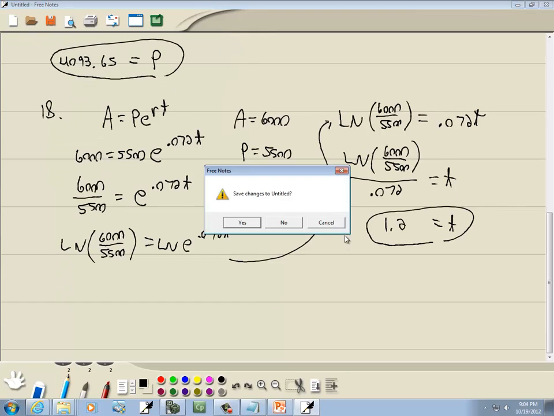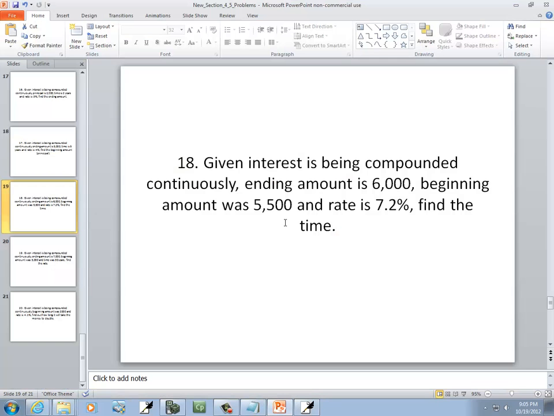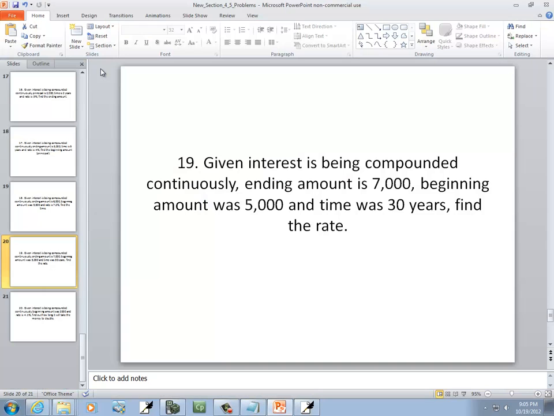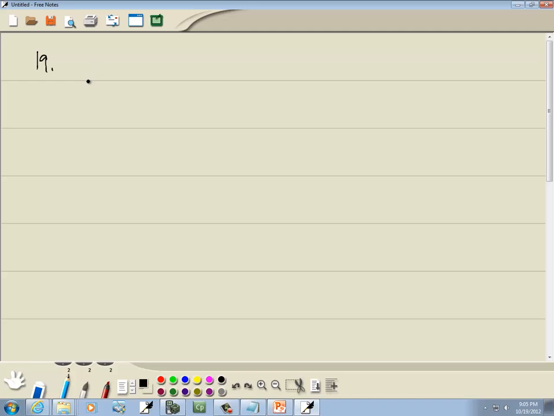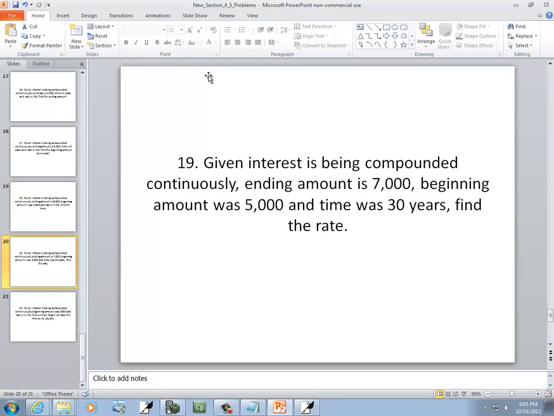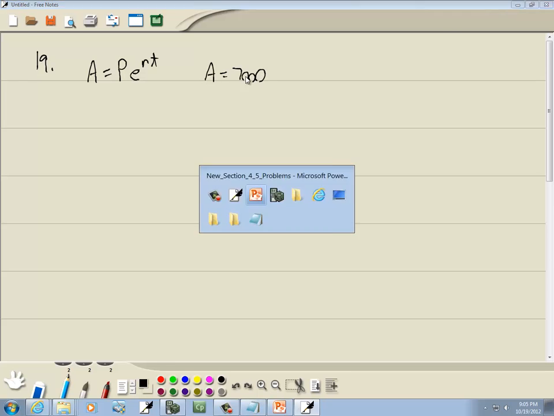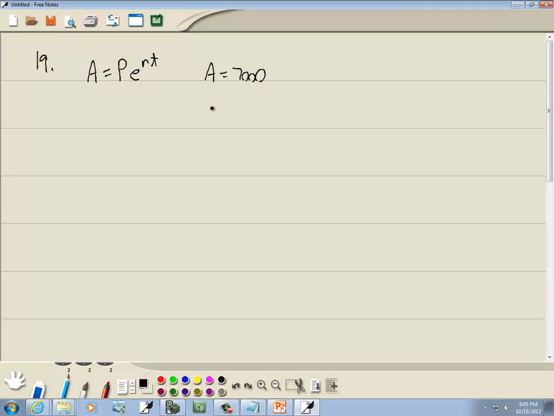And let me start a new page here. Let's look at our next problem. Given interest is being compounded continuously, so again it's our PERT formula. Ending amount is 7,000, so they're telling us A is 7,000. Beginning amount was 5,000, so P is 5,000.